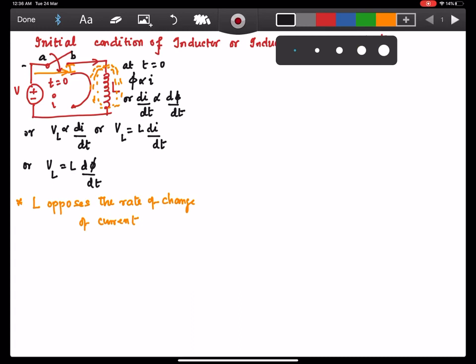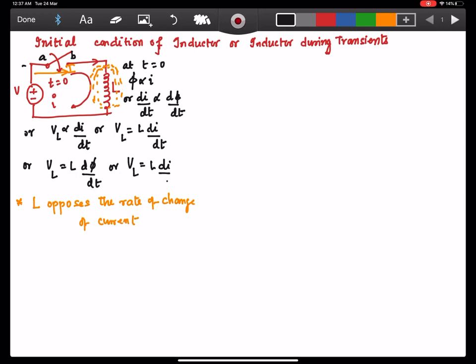So we can write the equation as VL is equal to L di by dt.